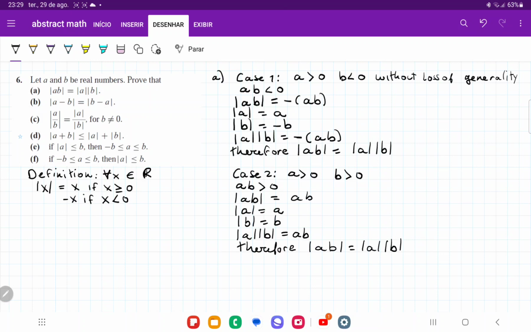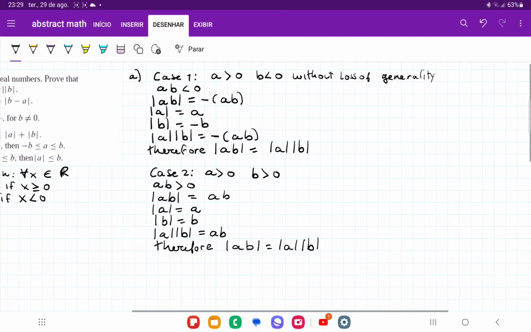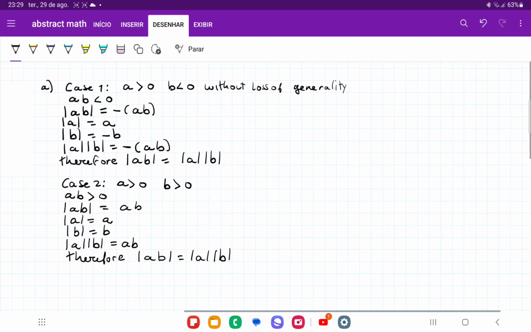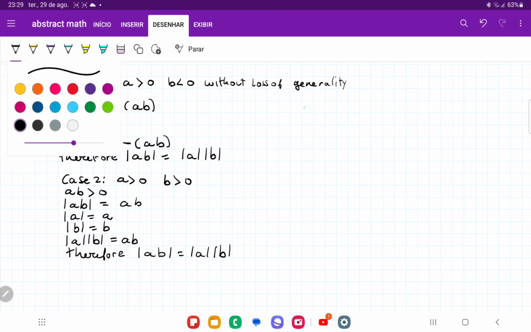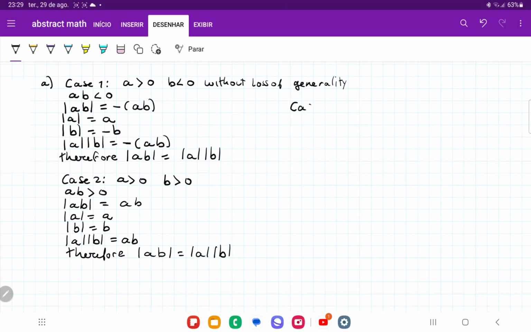We need case 3, and maybe I'm going to do that to the side. Case 3 is where they're both negative. So A is less than 0 and B is less than 0. The product AB, because we have two negatives, is going to be positive, and so the absolute value of the product is just AB.